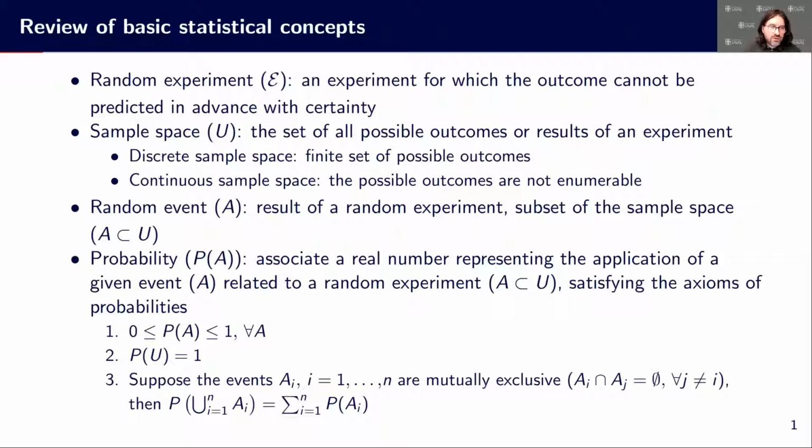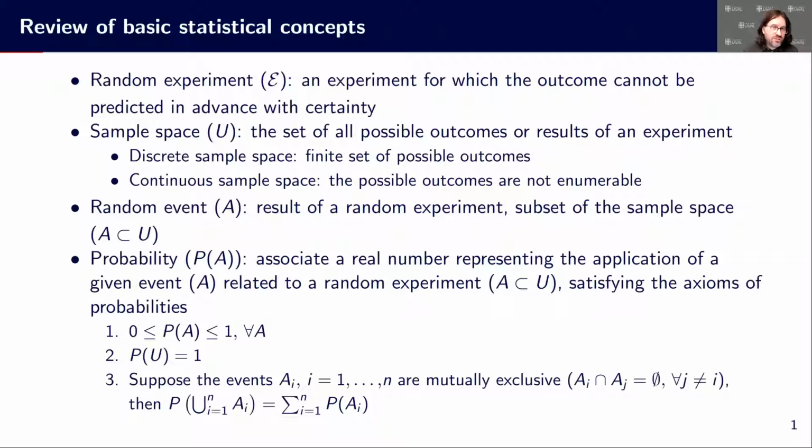Also, if we are looking at some events A_i, i from 1 to N, and we assume that these events are mutually exclusive, such that there are no overlaps between the events, then the probability of getting as outcome one of the possible events is equal to the sum of the individual probabilities of each event.